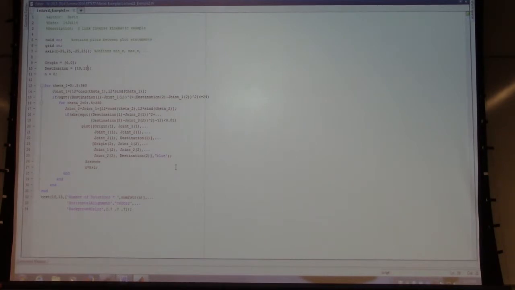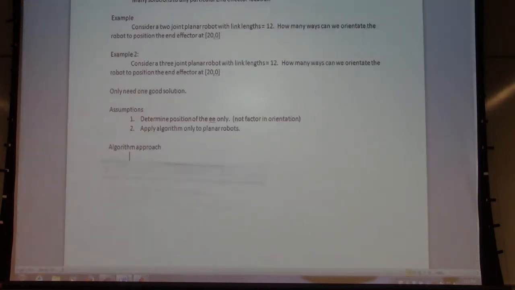Okay. So what I ultimately did here was I just went through, chose a theta 1, chose a theta 2, checked to see if it would get us to the destination, and then moved on to my next theta 1 and theta 2 to see if it would get us to where we were trying to go. Okay. So when we go through and develop the algorithm, we will search for the joint angles.